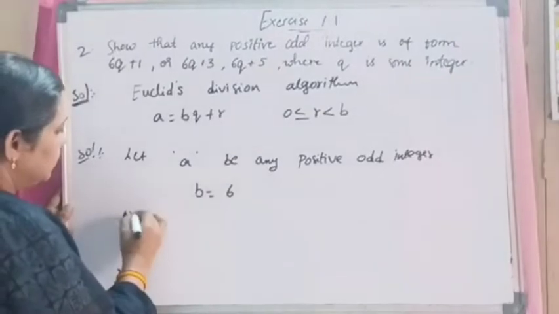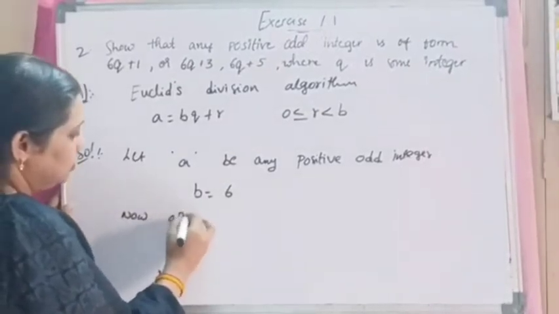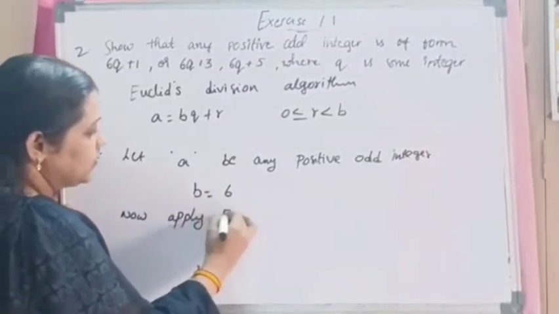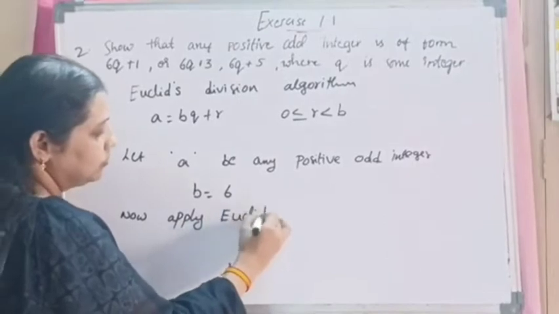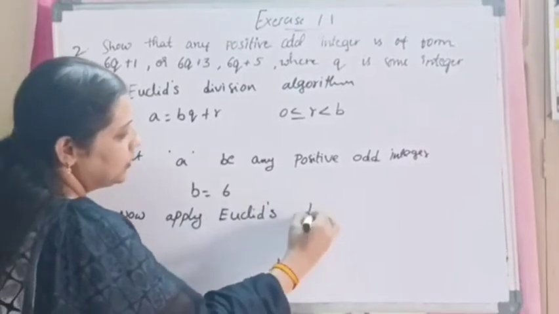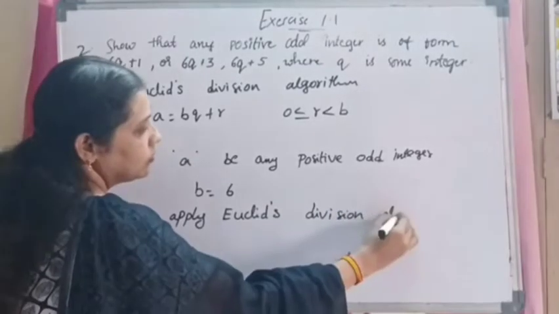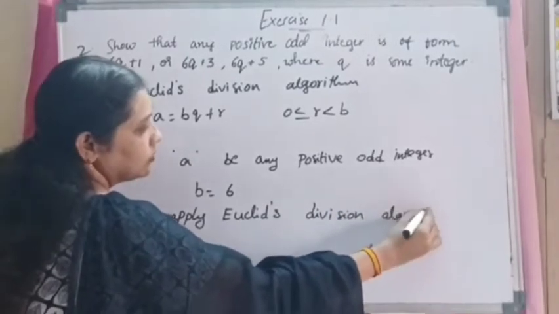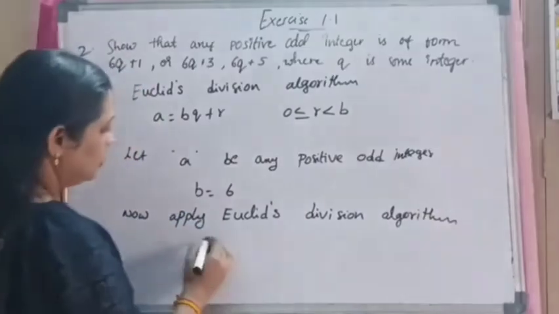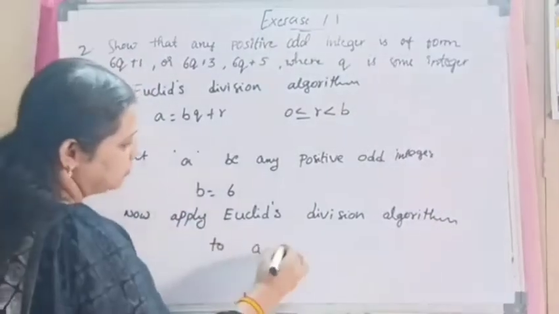Now applying Euclid's division algorithm to a and b.